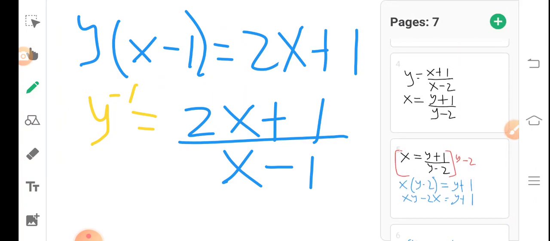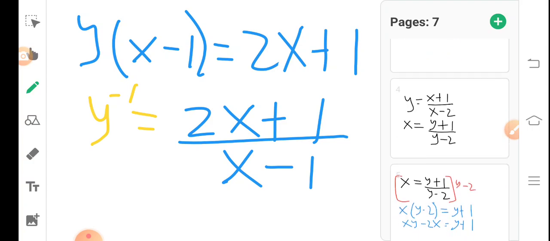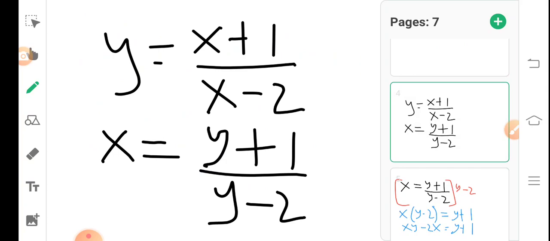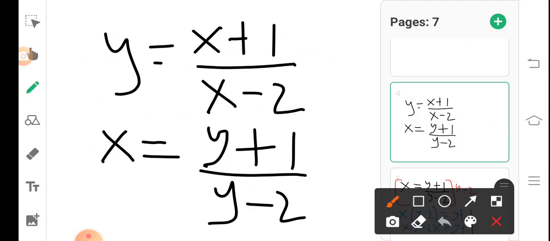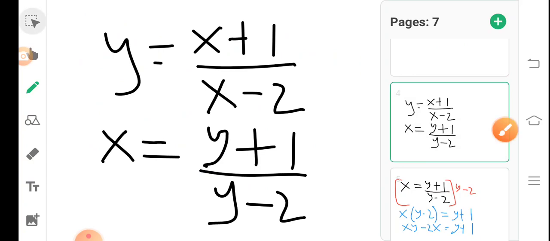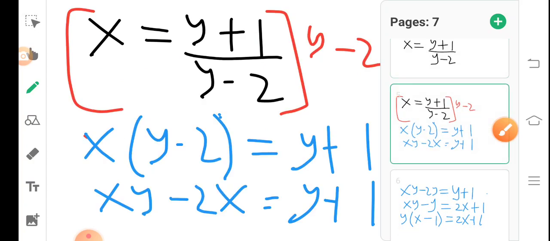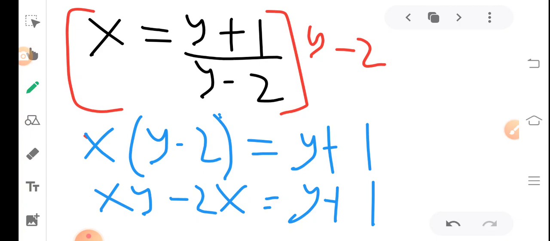Let's review. Our given is y is equal to x plus 1 all over x minus 2. By switching the position of x and y, we have x is equal to y plus 1 all over y minus 2. By multiplicative inverse, we multiply both sides by y minus 2 and arrive at x times y minus 2 is equal to y plus 1.